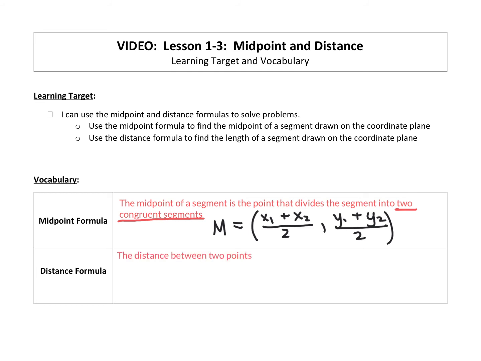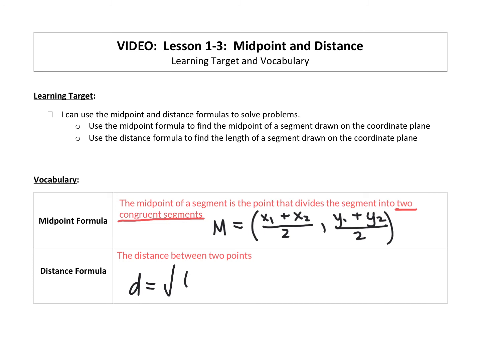Moving on to our distance formula. When we're talking about distance, we are finding the distance between 2 points. So we will look at those endpoints again and use those x and y values to find the distance. So that formula is the distance is equal to the square root of a bunch of stuff.